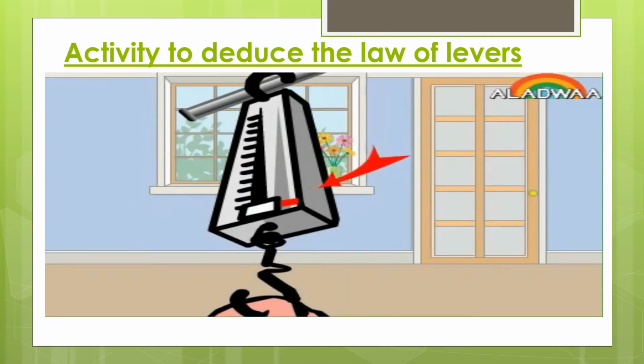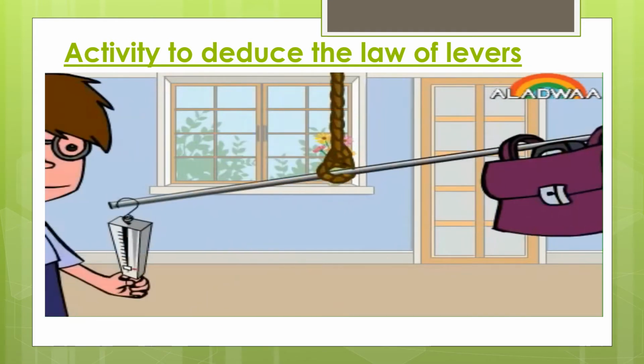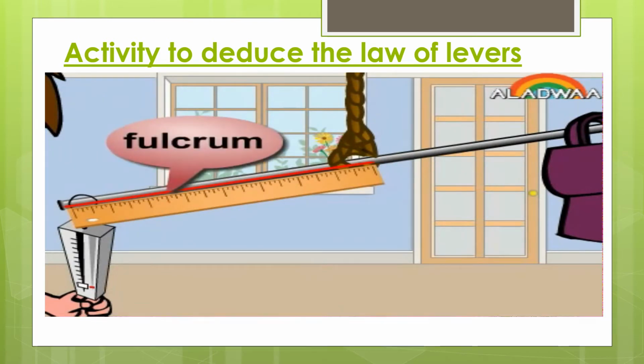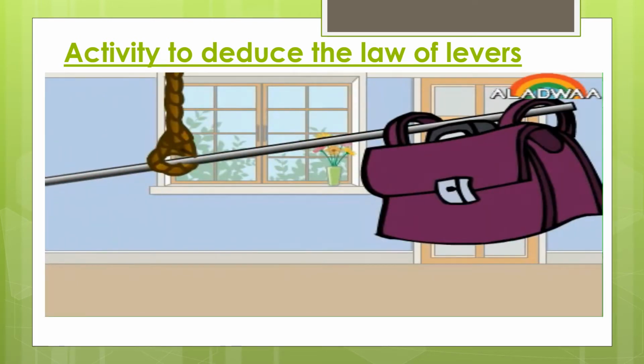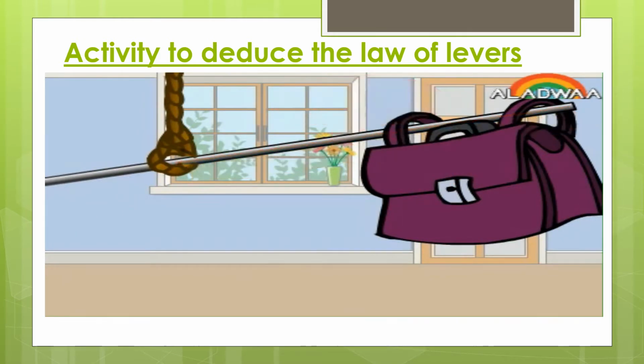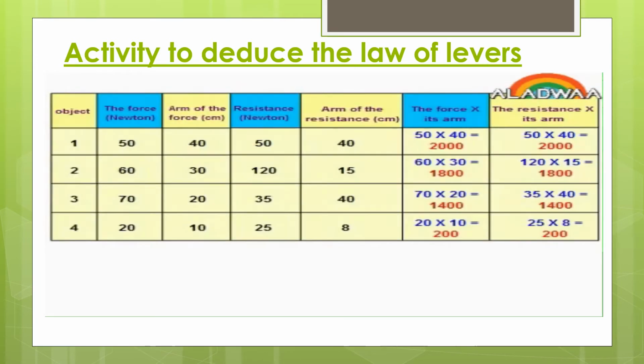Measure the distance between the force and the fulcrum, which is known as the arm of force. Measure the distance between the resistance and the fulcrum, known as the arm of resistance. Repeat the previous steps while changing the weight of the object and its position, and also the position of the spring balance.